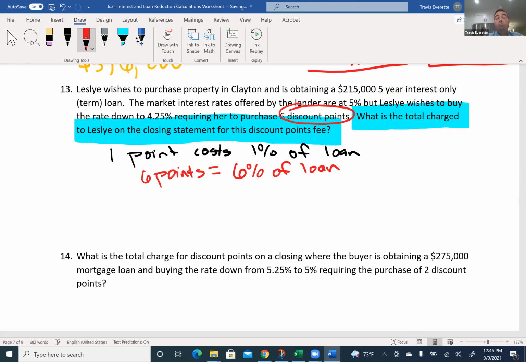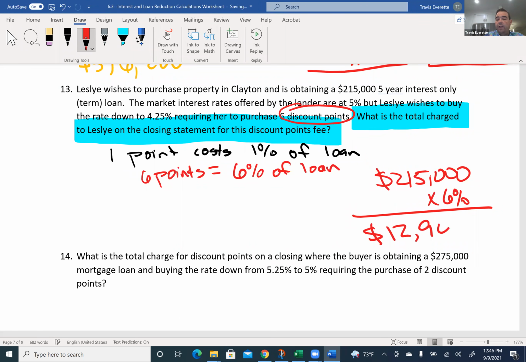How much is the loan? Well, the loan is $215,000 times 6% for the fee for the discount points. That is $12,900 that Leslie would have to pay out of pocket to the lender on day one. Upfront fee for those discount points.